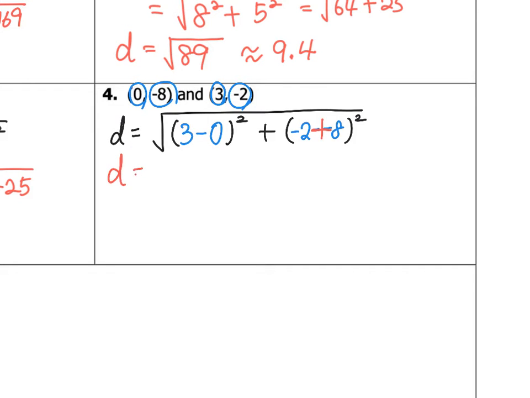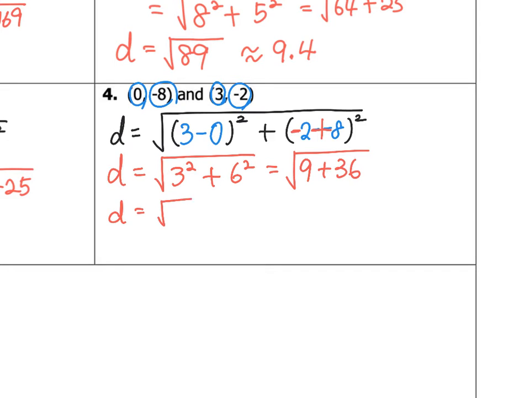So d equals the square root of 3 squared. Make sure you combine correctly with the number signs. -2 plus 8 will give 6 squared. So that will be 9 plus 36. So d equals the square root of 45. Can we simplify the square root of 45? So 2 factors of 45, 9 times 5.